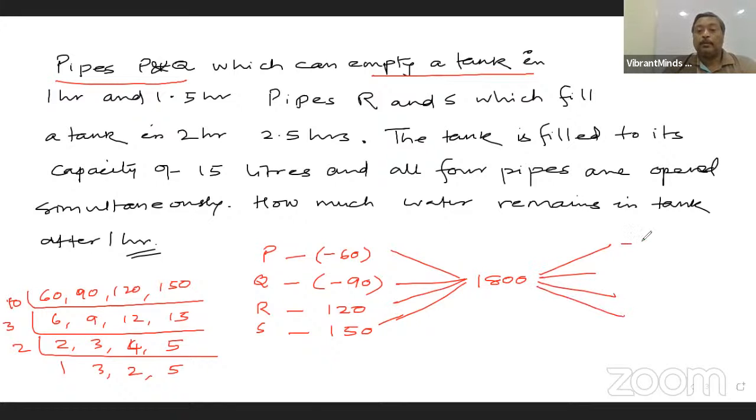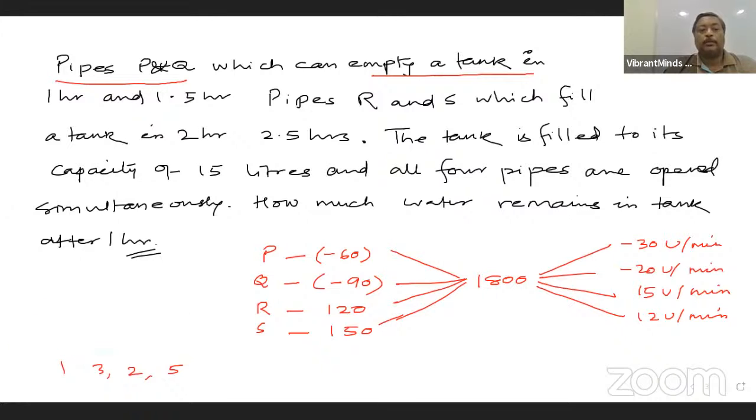This will be minus 30 unit per minute, minus 20 unit per minute. Then this will be 15 unit per minute and 12 unit per minute. Now understand, in this what we can see is that 1800 units.